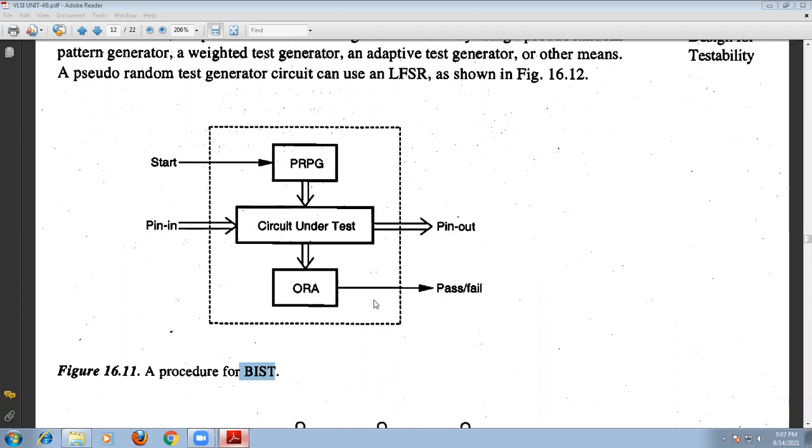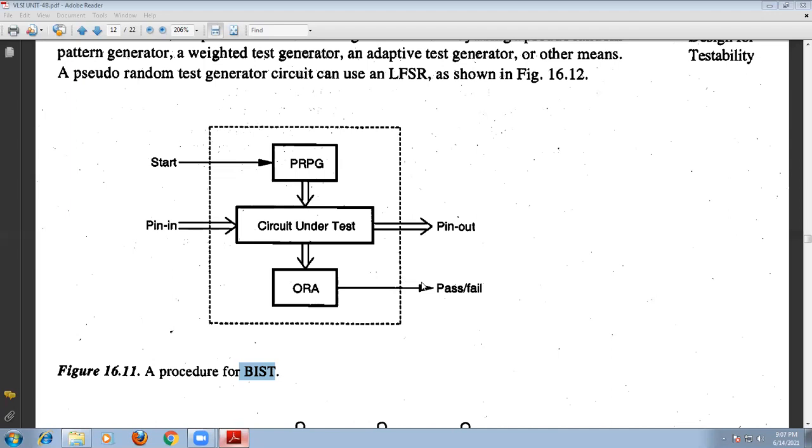The name itself indicates that the circuit itself consists of a testing circuit. Whenever an error exists, the circuit itself detects that error and tests it.